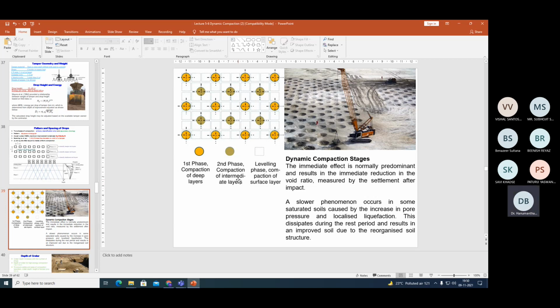That again needs to be a little bit densified, and that densification can be done by some kind of ironing. For the leveling or ironing phase, it may not necessarily be dynamic compaction. You can also use alternative techniques, like impact compaction or rolling, etc. These things also can be done.